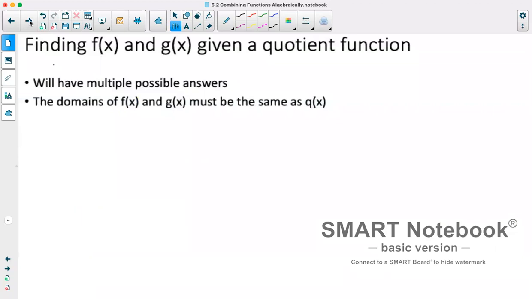Finding f of x and g of x given a quotient function will have many possible answers. One thing to keep in mind, though, is we want to make sure that the equations we're utilizing have the same domain as the original equation we're given. So the domains of f of x and g of x must be the same as q of x.